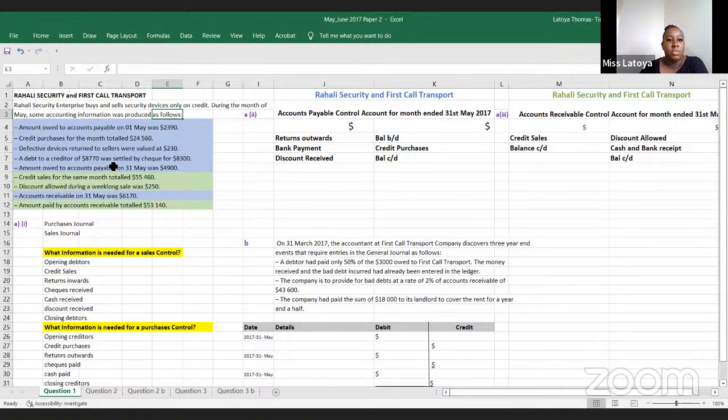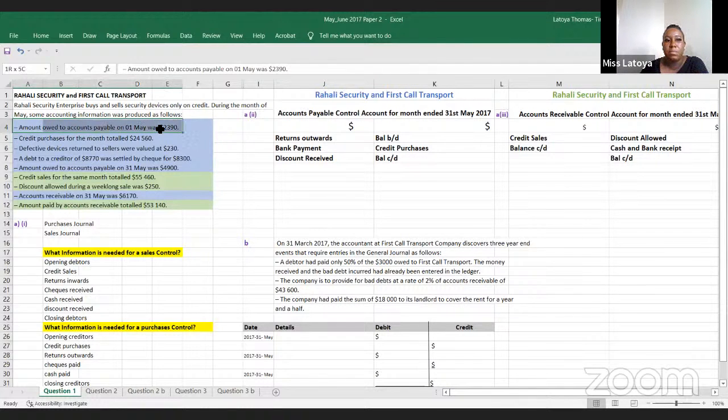Amount owed to accounts payable on the 31st of May was $4,900. Credit sales for the same month totaled $55,460. Discount allowed during a week-long sale was $250. Accounts receivable on the 31st of May was $6,170. Amount paid by accounts receivable totaled $53,140. Now, these are the transactions.